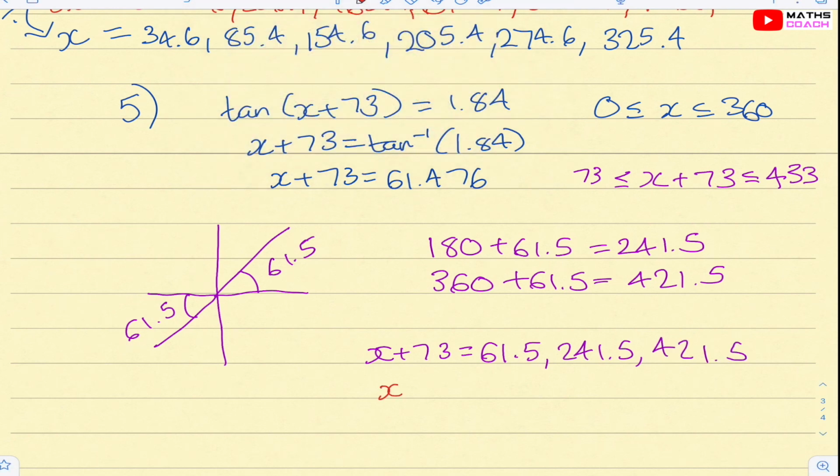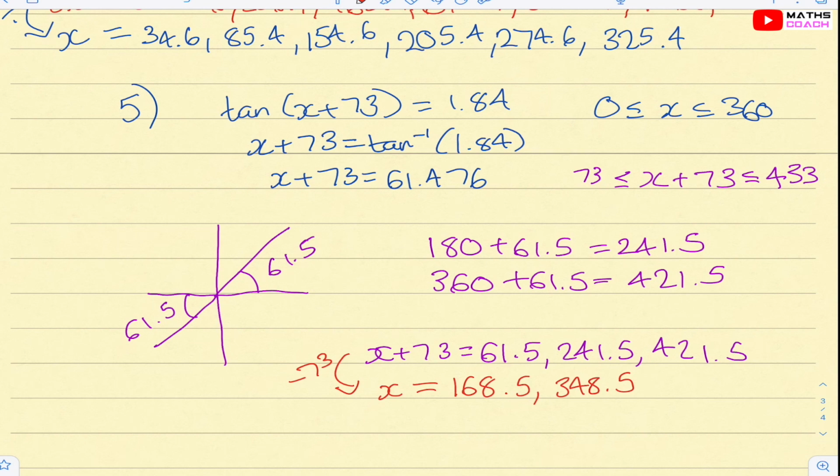So for our final solutions, we're going to take away 73, guys. So we've got 168.5 and 348.5. Why did I only end up with those two solutions, guys? Because 241.5 minus 73 is 168.5, and then 421.5 minus the 73 is 348.5.